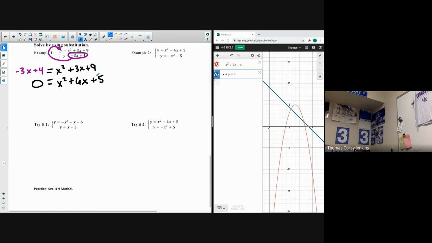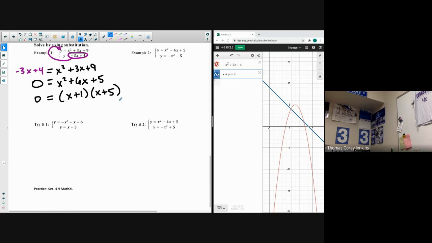What's going to multiply to give me 5 times 1 is 5, and what's going to add to give me 6, right? So that would be 5 and 1. So that's going to be x plus 1 times x plus 5.